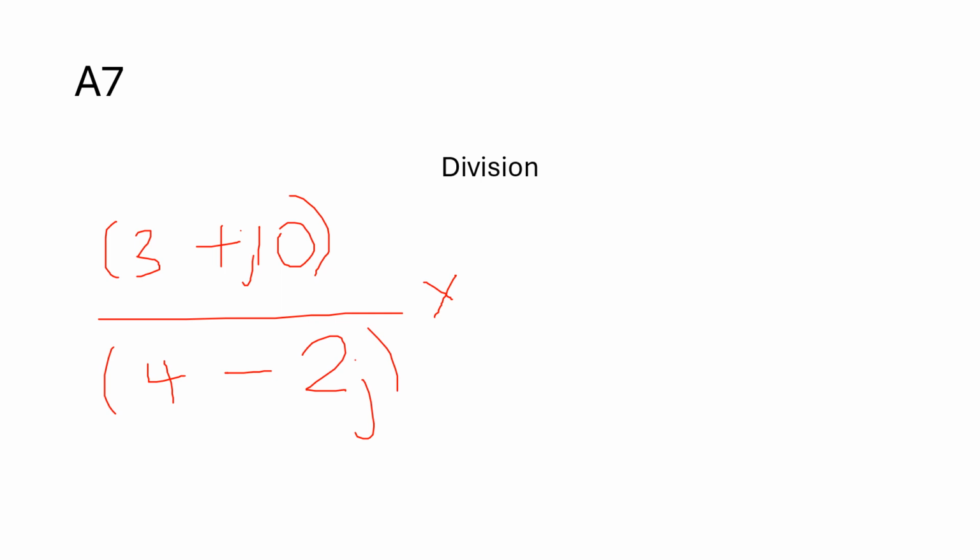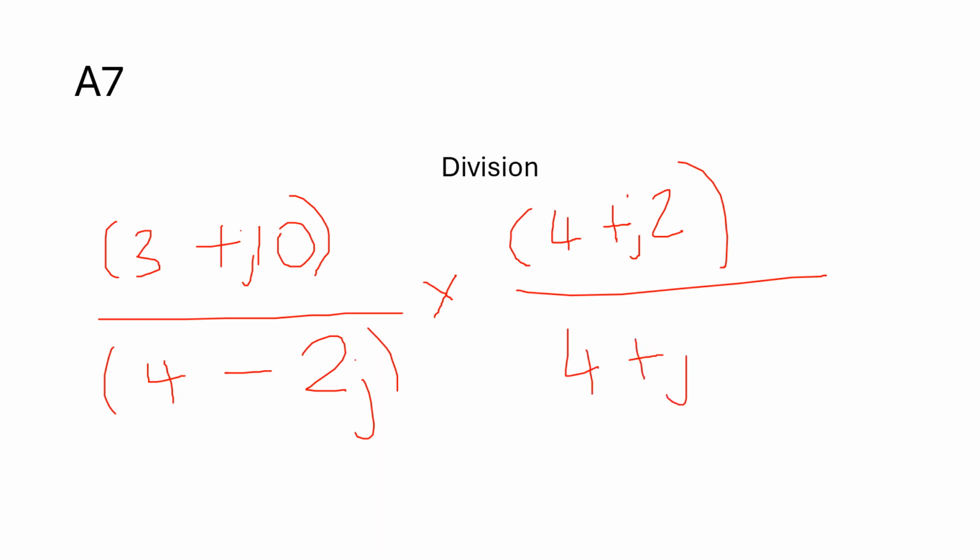So it will be 4 plus j2 over 4 plus j2. Okay, let me just erase and write it nicely here. So you're just going to apply the very same thing that I've explained.